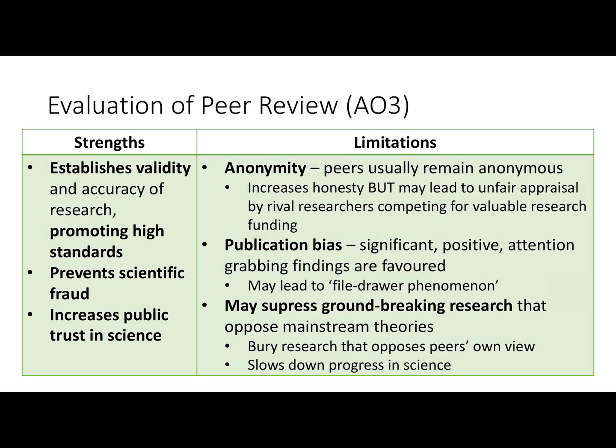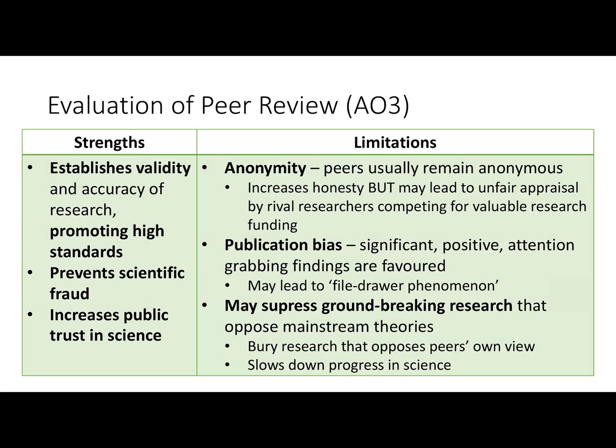So the peers, because they're remaining anonymous, might not be honest in their appraisals of the manuscript. They might want to reject a manuscript because it might pose problems for their own reputation or their own career.